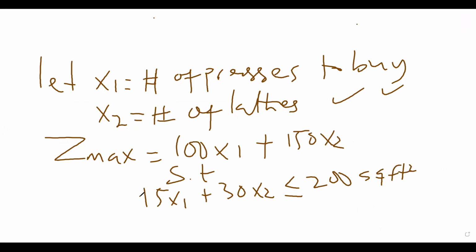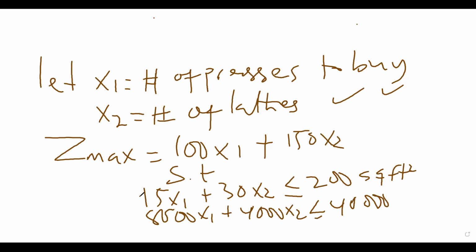And then you have the other one, which is the budget constraint. The budget constraint was 8,000 and 4,000. So you write 8,000 x1 plus 4,000 x2 less than or equal to 40,000, which was the budget limit.